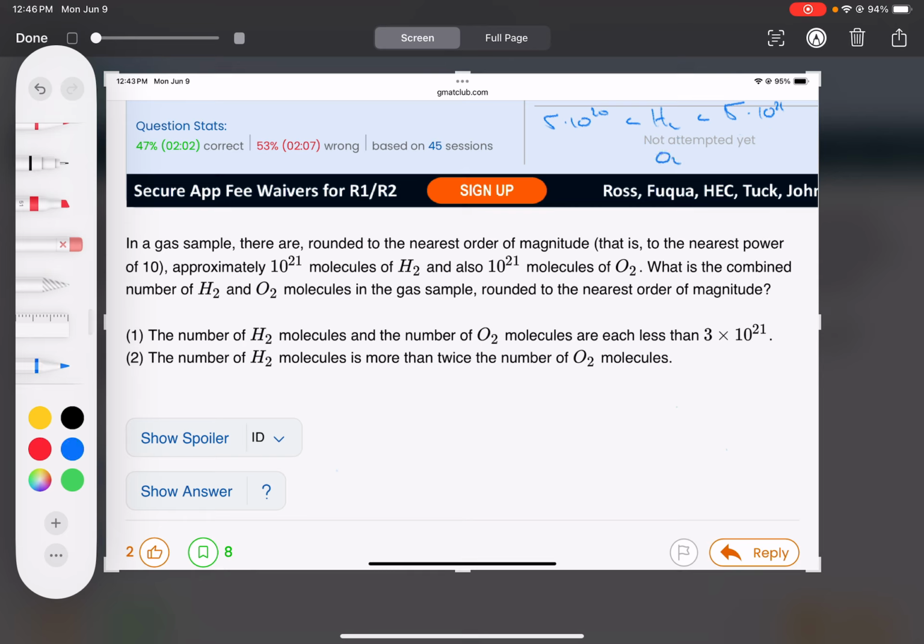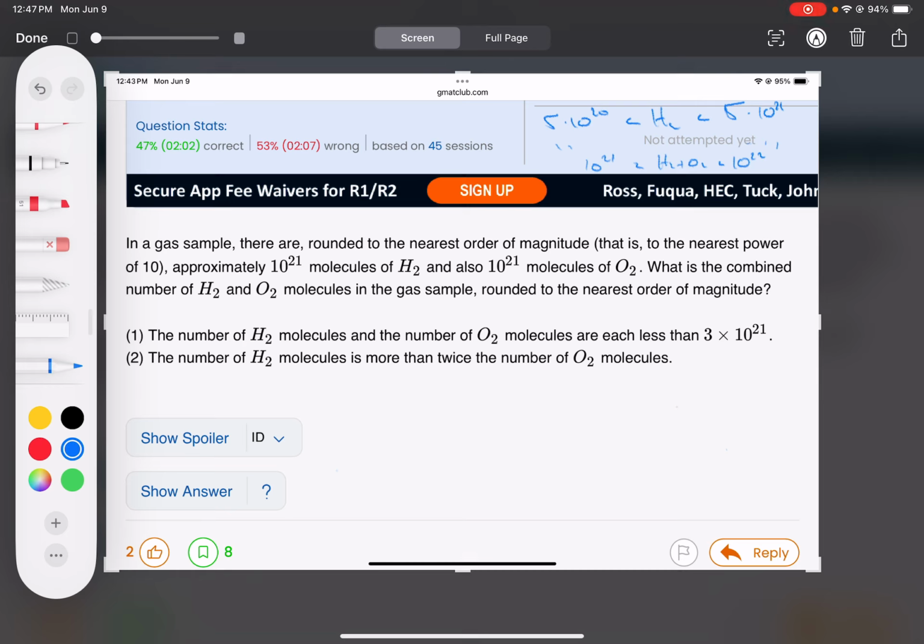And they're saying if you add them together, what would it round to, 10 to the 21 or 10 to the 22? Well, if I add these together, I get 10 to the 21 is less than H2 plus O2 is less than 10 to the 22.